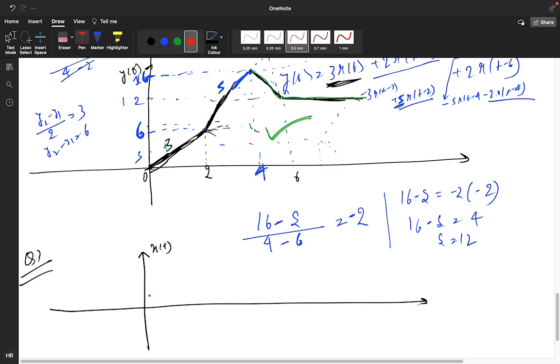Okay, so this is 0, this is 2, this particular is the 4th point, this particular is the 6th point. Now write the equations of this.